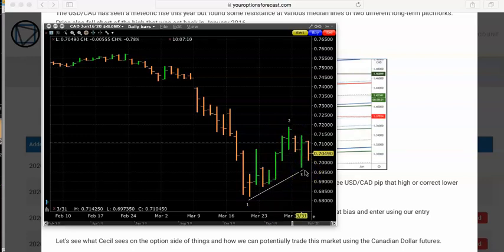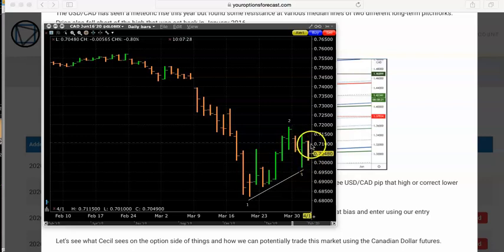That's basically what we're saying: we want to be part of the action should that happen. At the moment, we don't have confirmation of that signal yet. So we need a price bar. Remember, this is a daily chart. We need a price bar that turns around and takes out the high of the previous bar.